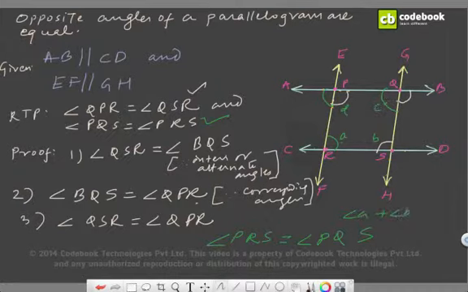They are angles on the same side of the transversal, and the sum of those angles is 180 degrees based on the theorem. And similarly, angle C plus angle D is also equal to 180 degrees based on the same theorem. So from this we know that angle A plus angle B plus angle C plus angle D is equal to 180 plus 180, which is 360 degrees. So in this way we can apply different theorems and axioms to prove new theorems.